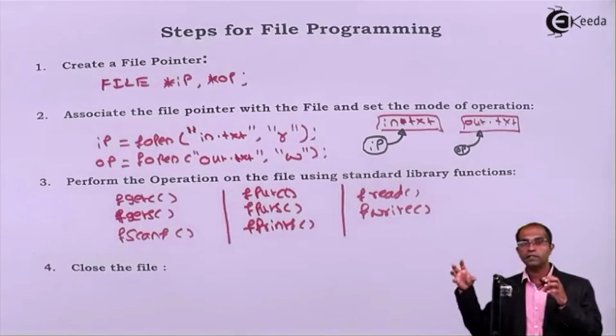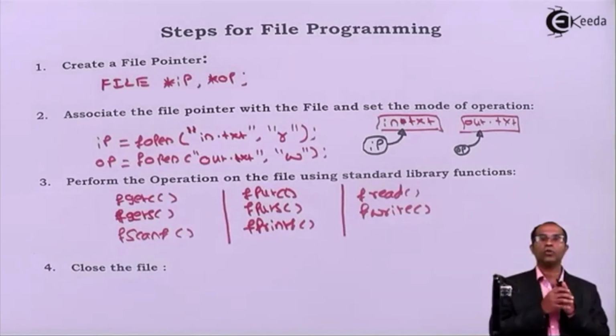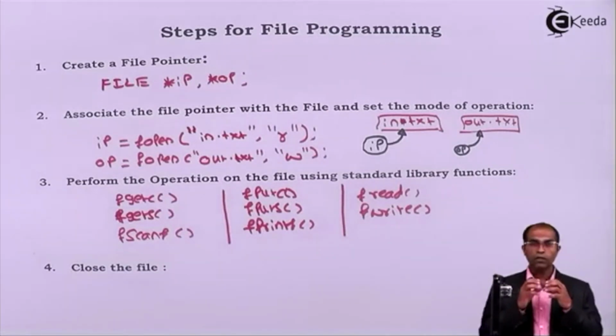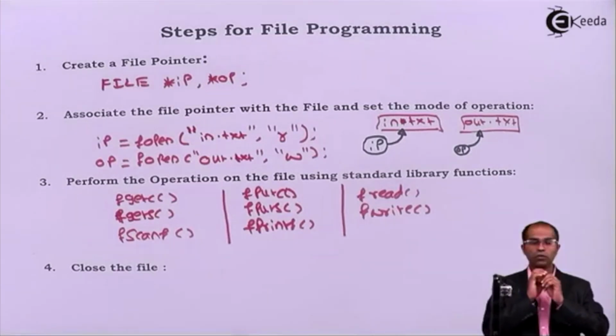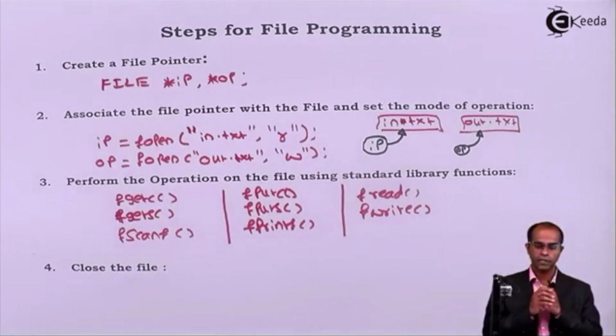Or a bunch of data is read from the file and stored in your program. So basically, fread and fwrite work on binary files. Remember, they are not going to work on normal files, right?